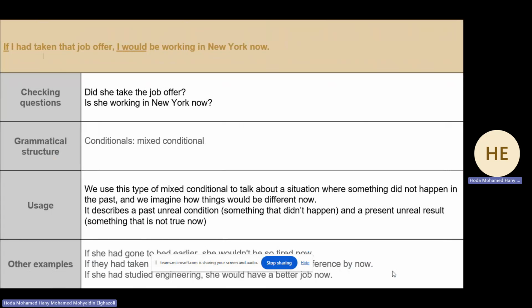We use them to talk about a situation where something did not happen in the past, and we imagine how things would be different now. In this case of conditional, we use it for wishing or thinking how something might have happened. For example, we have here, if she had gone to bed earlier, she wouldn't be so tired now.